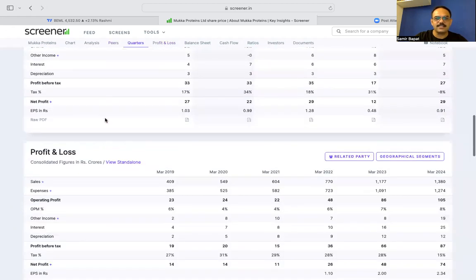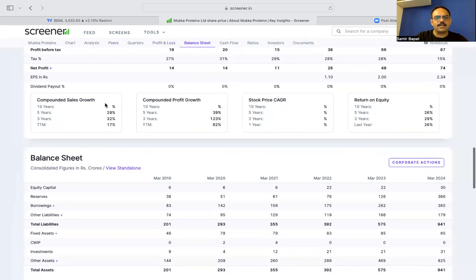Screener has summarized it, you need not calculate. It may not be 10 years, it may be 5 years or 3 years. It has been growing sales by 30, 28, 32, 17 percent. How many of you think it is a good, decent growth? 28, 32, decent growth, right?